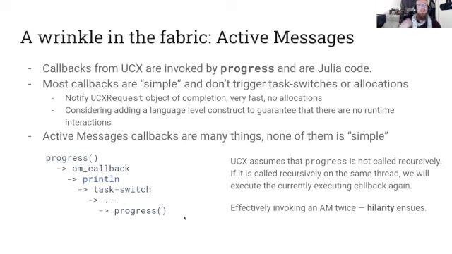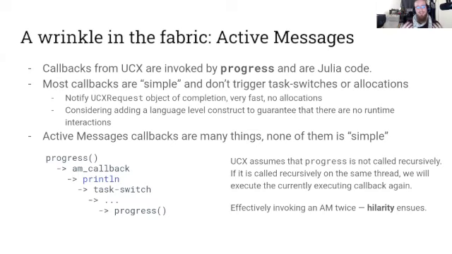There is another wrinkle. For most callbacks, when I just implemented tag send, tag receive, and stream send and stream receive, they were fairly simple. They would just be executed. They would notify a Julia condition object that the task has now finished, set the status object, and then be done executing. So there was not much interaction with the Julia runtime.